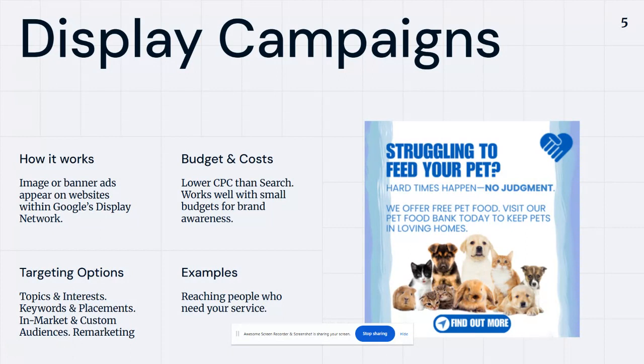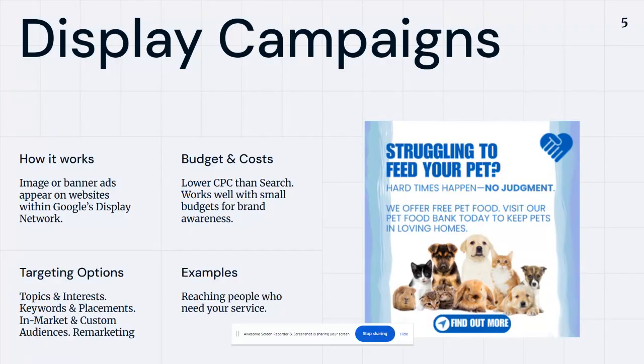Placements are specific, so there might be specific websites that you know. Let's just say Citizens Advice Bureau, I haven't checked, I don't know if they do, but if they did enable visual ads on there, that might be a good place to display your ad, and then people coming over. And then you've got in-market and custom audiences.